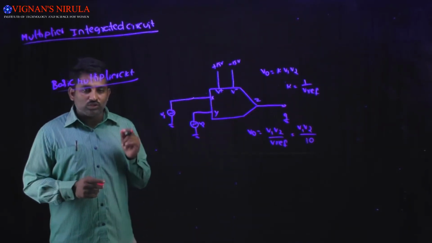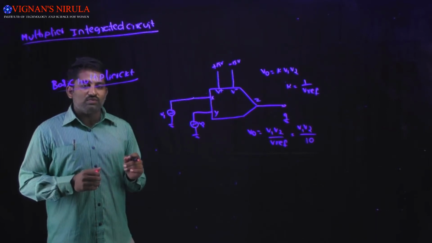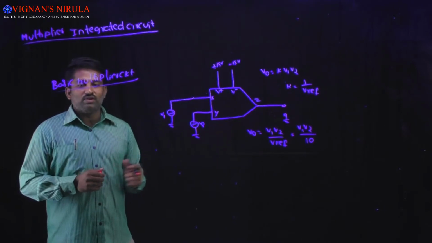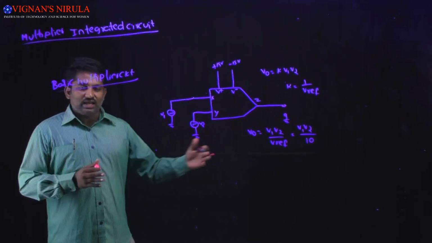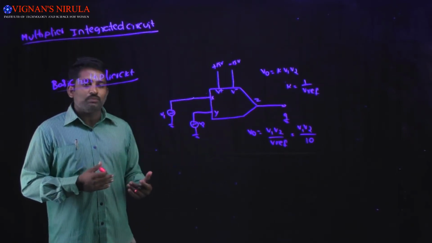One more thing you have to remember in this case is that until the V1 and V2 values are less than the V reference value, we will not get any saturated output. We will get the exact output for whatever input we apply at the input terminals.